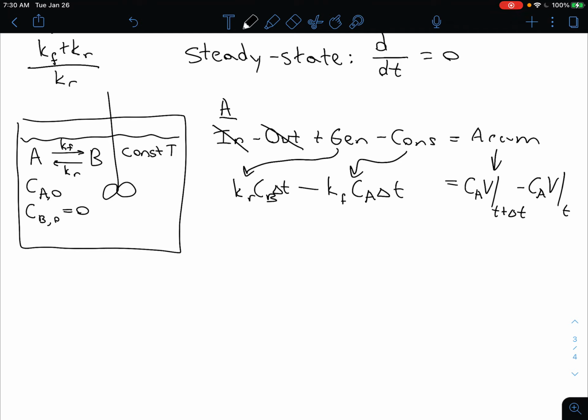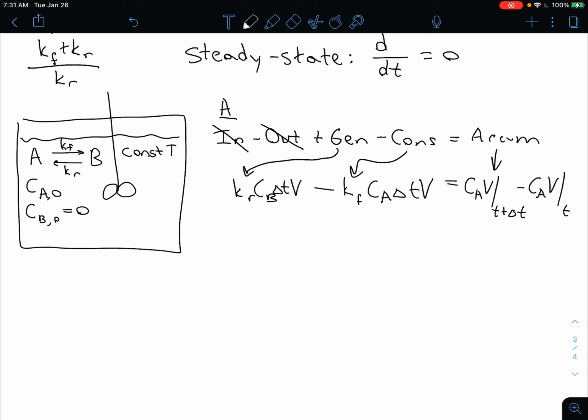So, by the way, I wasn't thinking about the units here. The units of the consumption and the generation are each in per unit volume terms, because concentration is per unit volume. So we actually have to multiply by V to get the total number of moles consumed and generated in that time increment.